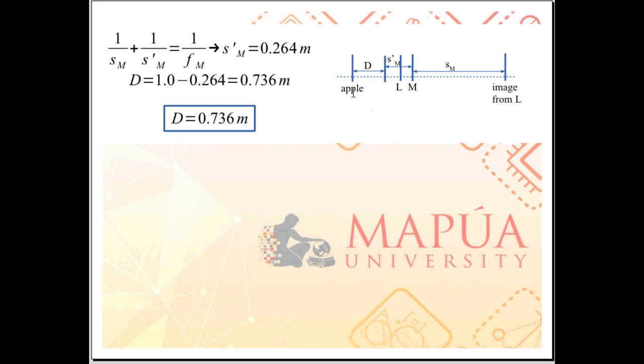The distance from the apple and the final image is distance D. Knowing that the apple and the mirror are 1 meter apart, so 1 meter minus S prime M, we are able to get the distance D, 0.736 meters.